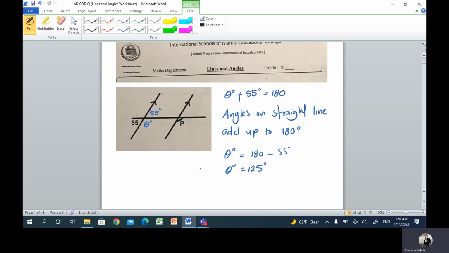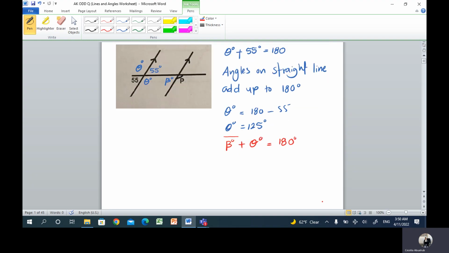Then you're going to say that theta is not what we're looking for. If this is theta, then this is theta as well. Okay? And let's call this angle here beta. Beta and theta add up to 180, but for a different reason. I'm going to say that beta is my unknown now, plus theta is equal to 180 degrees.